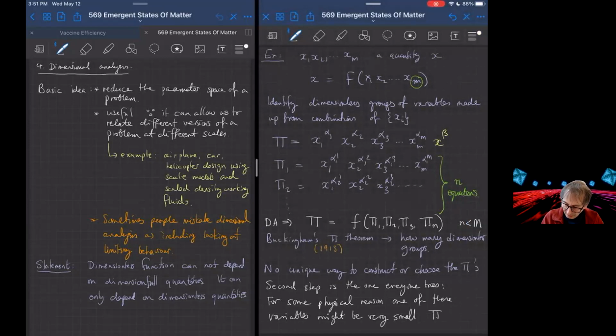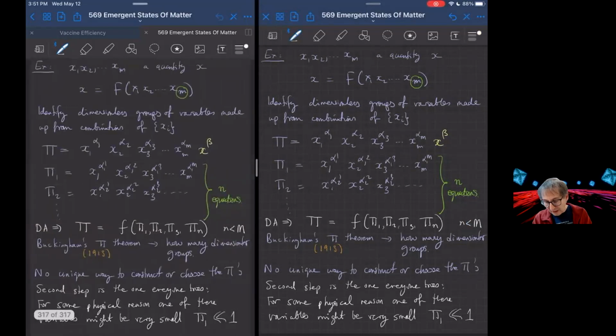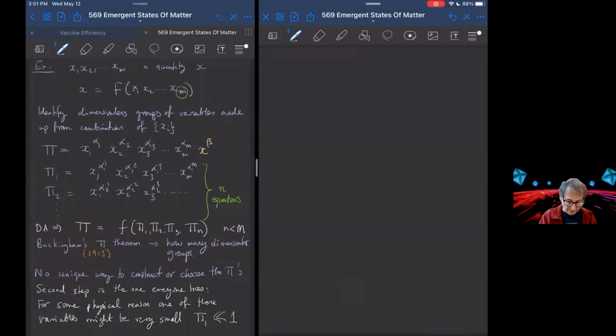So let's say, for example, that pi1 is very much less than 1. And you know that because there's some physical reason for why you should have that asymptotic limit. And so then what you would tend to say is that pi is in fact a function not of all these variables, but of pi1 replaced by its value 0, and then pi2 up to pi n.